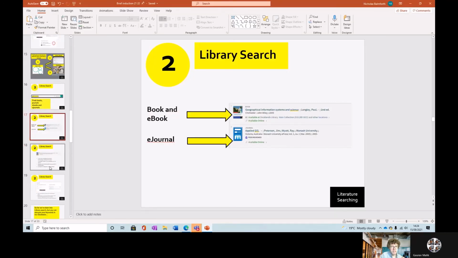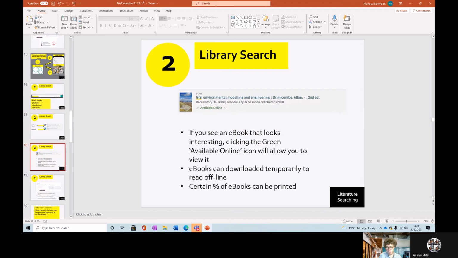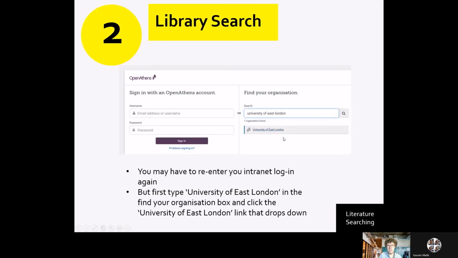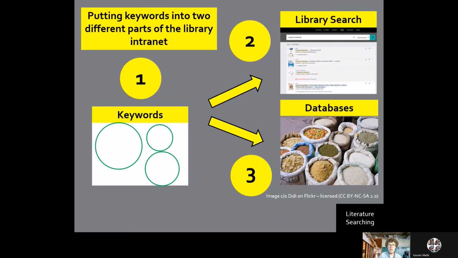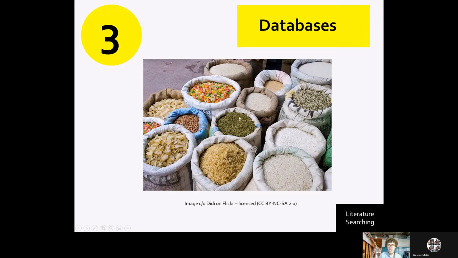Okay, moving swiftly on. This is just in the slides for your reference. If you're using the databases, each database is like a library in itself. So this database, maybe Science Direct, maybe has 5 million articles in from maybe 2,000 of those academic journals I mentioned earlier.